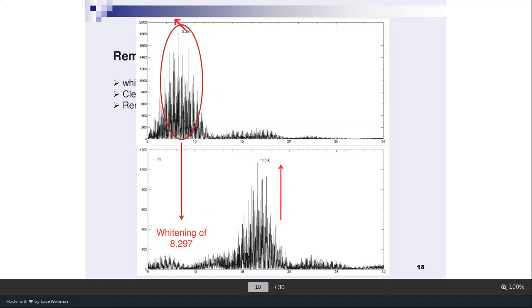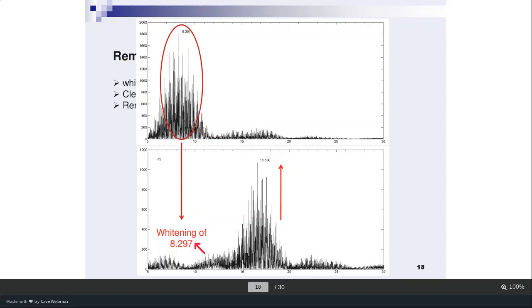So I just did the whitening of the first frequency. Then I look at the next frequencies, because if you don't do this whitening process, the dominant frequency will affect the other frequencies, and you don't detect them very clearly. So therefore, the whitening process is important.